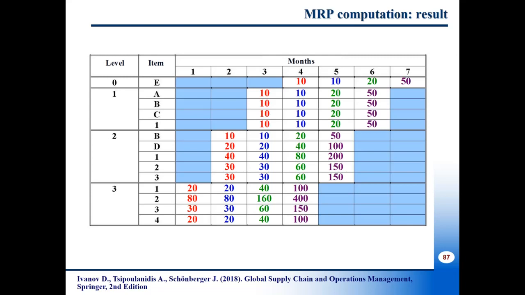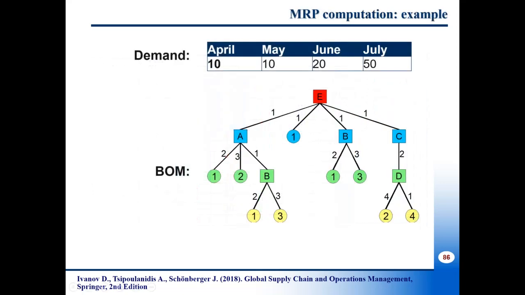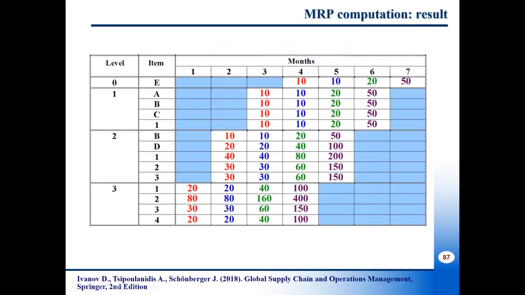The next step is to determine net requirements for the items at the first level. Since for all items exactly one piece is needed for one end item, as we can see from the previous slide, their net requirements, components A, B, C, and 1, are identical to those of the end item.